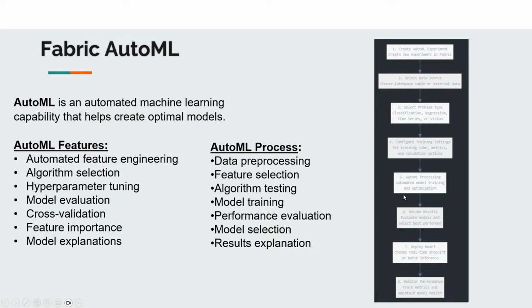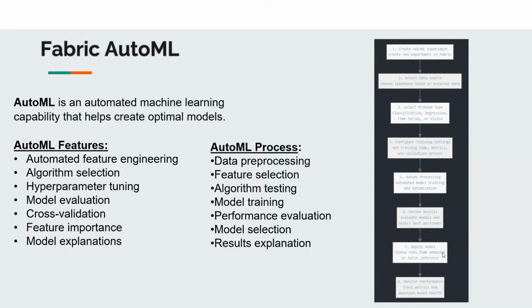Then comes AutoML processing of the training and optimization, some of those things we talked about. You can review the results and deploy the model. We'll work on deploying a real-time model tonight. A real-time model deploys as a REST API. Anytime you send it some data, it will give you a single response back.